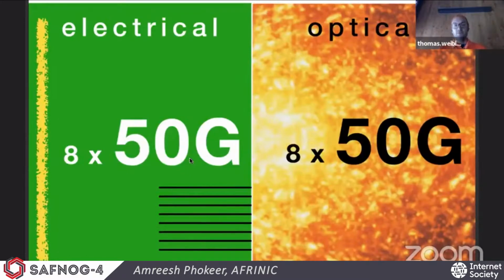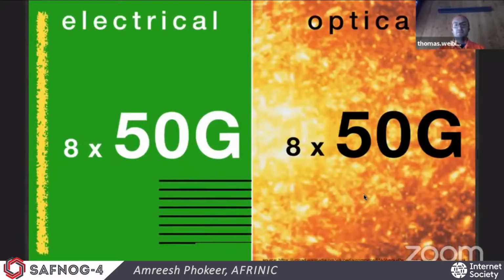So the PAM4 in the 50 gigabit gives us 400 gigabit on the electrical side. So this electrical side is connected with 8 lanes to the optical engine, and this is also doing 8 times 50 gigabit. And this is going to be the first stage for 400 gigabit, so doing 8 times 50 gigabit in a single transceiver. But that's not the end of the road.